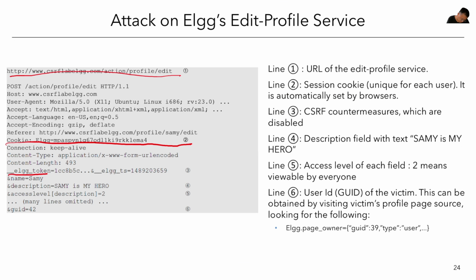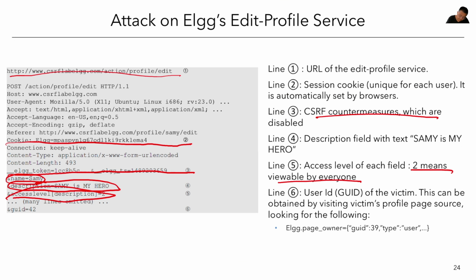Then number 3, again, this is the cross-site request forgery countermeasure, which are disabled in your server. Okay, so later we have all those different parameters, like name is Sammy, description is Sammy is my hero. Then it has this access levels. Okay, so the 2 means visible by everyone. Then there is a user ID. So the user ID of the victim, this can be obtained by visiting the victim's profile page.